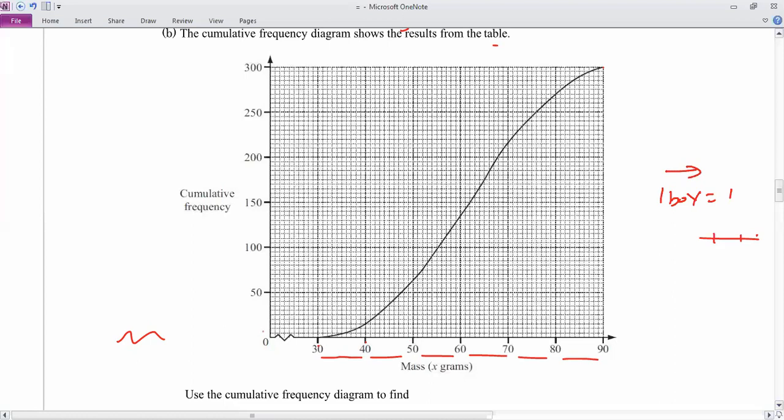Vertically you can see from 0 to 50, then 50 to 100, these are also equal. So 10 boxes are making 50. So vertically, one box is equal to 5 marks.